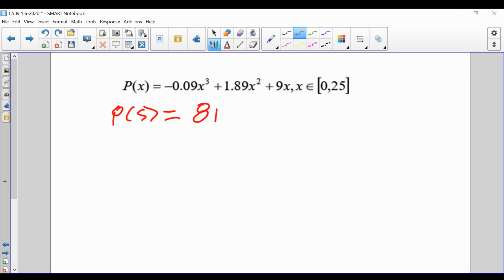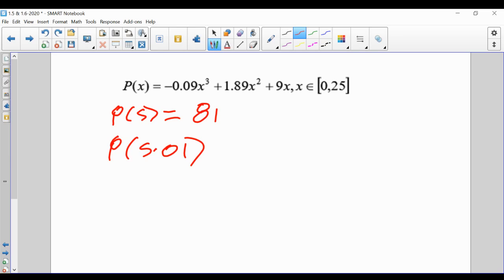Okay, so we now need to find another point which is very close to this. So I'm going to think 5.01. This is what I'm thinking. So we're going to go through the same calculation again, but now we're going to use 5.01. I didn't have to use 5.01. I could have used 5.001 or some other number like that.